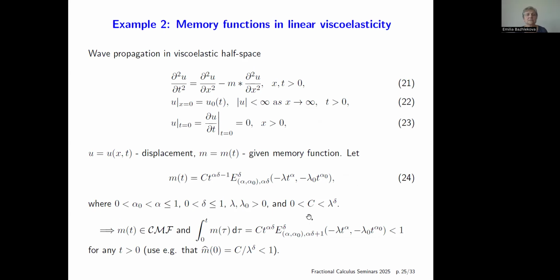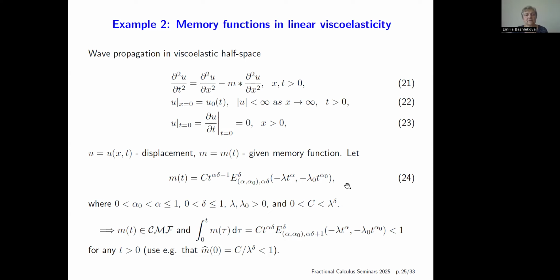The next example is from linear viscoelasticity. Consider wave propagation in viscoelastic half space, which is given with these equations. Here, the function u is displacement, and the function M is a given memory function.